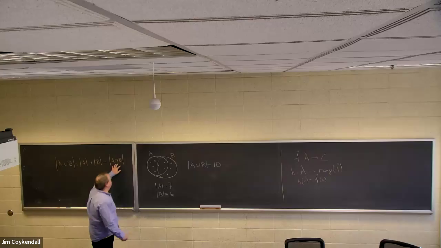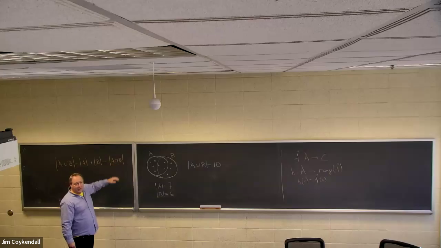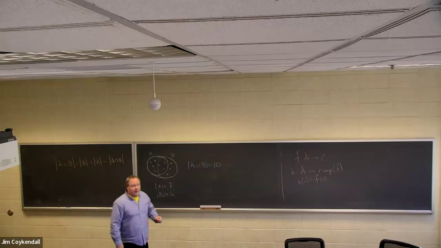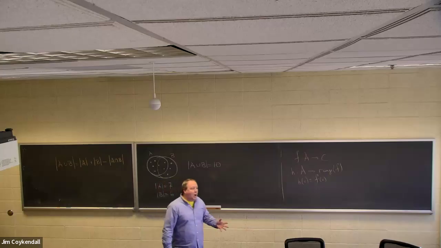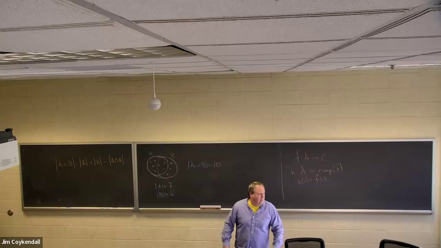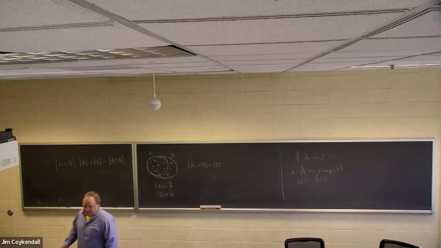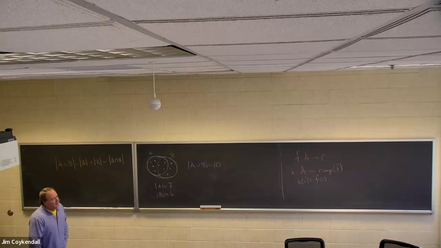And so that's where this bit comes from. When you do this, you will always double count what's in the overlap. Now, if your sets are disjoint, there's nothing in the overlap, so there's no harm done, because when you subtract out the overlap, you subtract out 0.